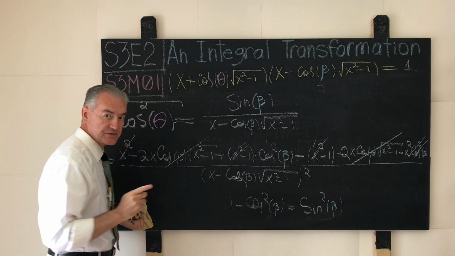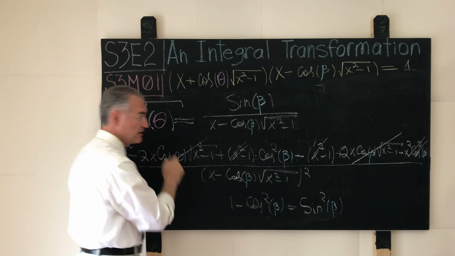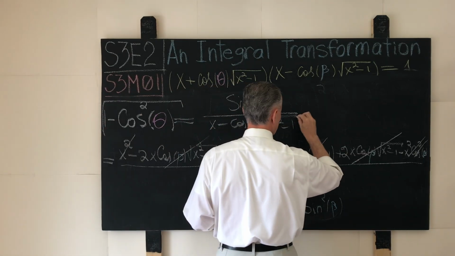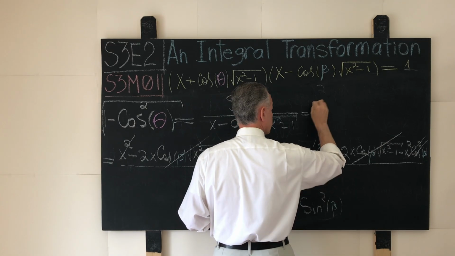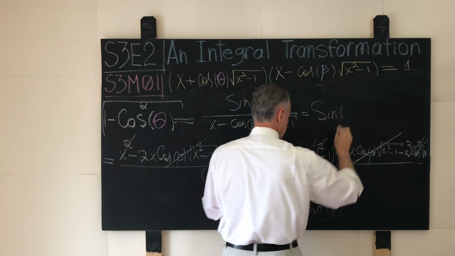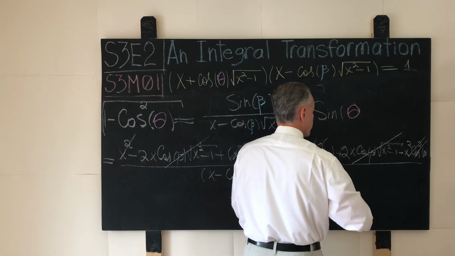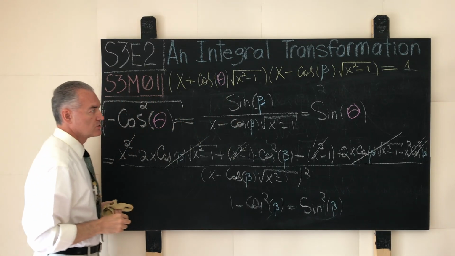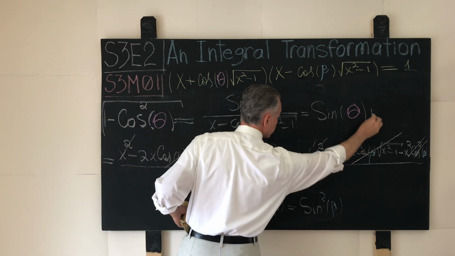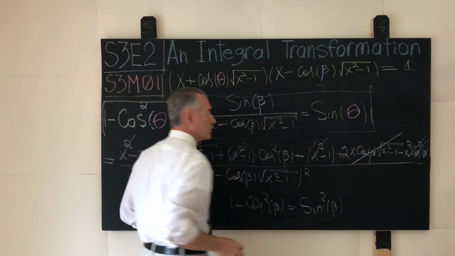And remember our reasoning. We took the square root with the plus sign, and that is equal to precisely sine of theta this time. Sine of theta. And this is the result that we were gunning for. This is what we're after.